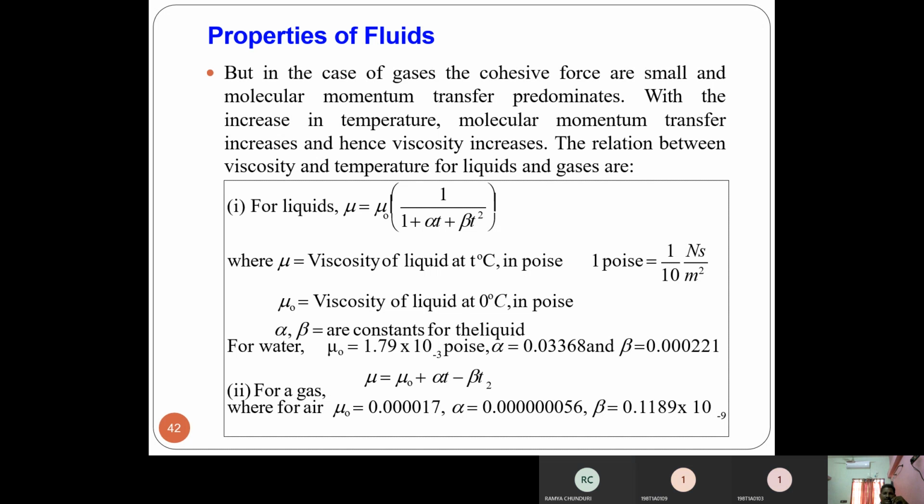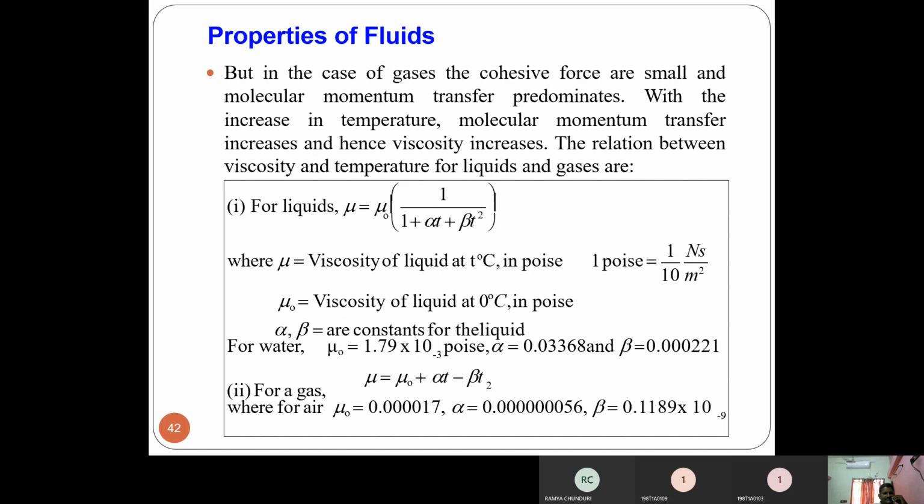By this, we can easily say that viscosity for liquids decreases with increase in temperature, because the temperature term is present in the denominator. If the denominator value increases, the ratio definitely decreases.